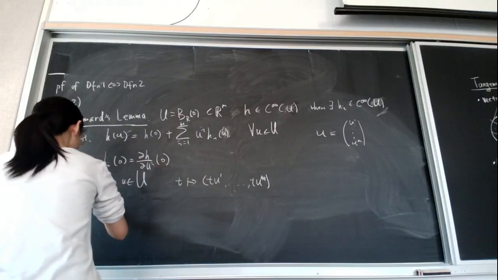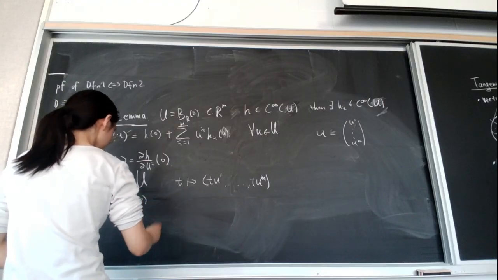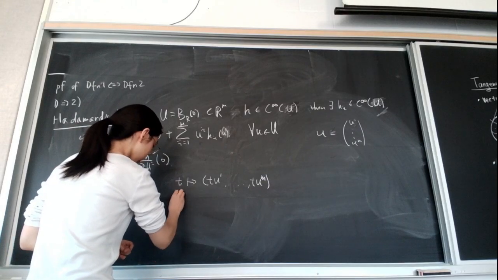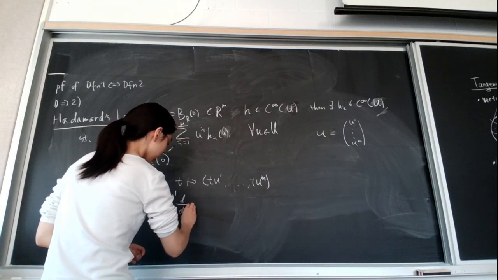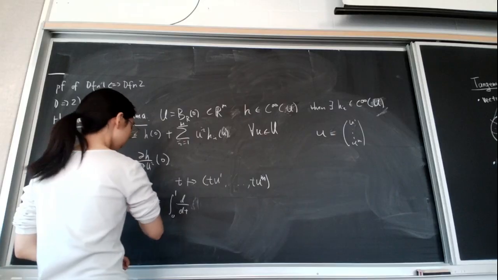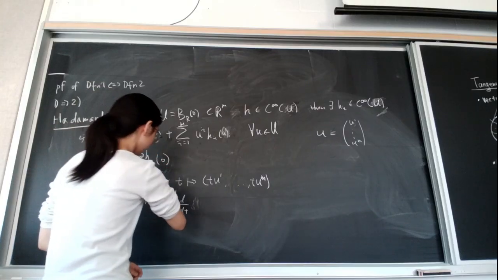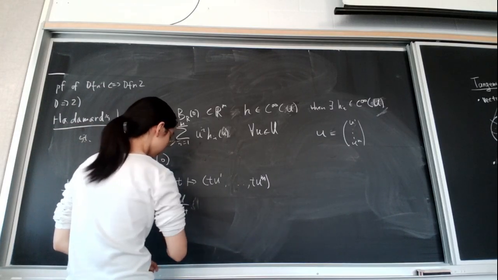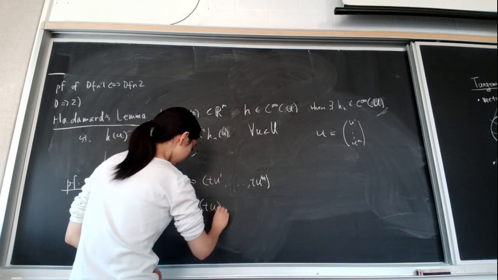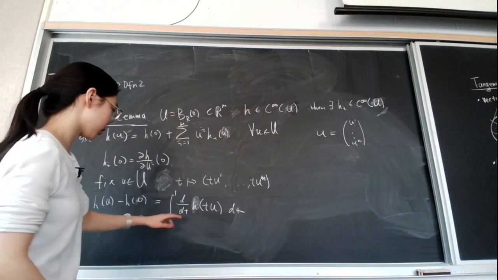And then h of u minus h of 0 is equal to the integral from 0 to 1 of d/dt of, sorry, define h to be this function. h is given. h of tu dt. And this is just by the fundamental theorem of calculus.